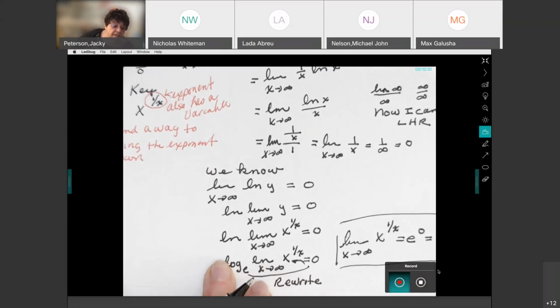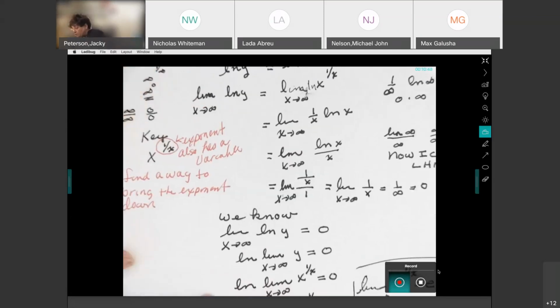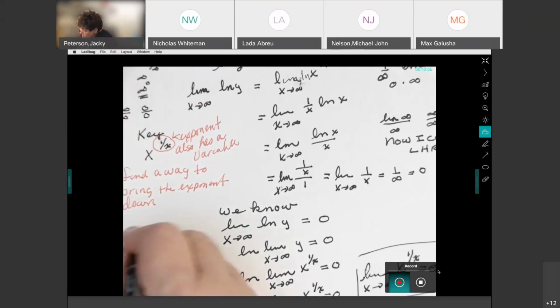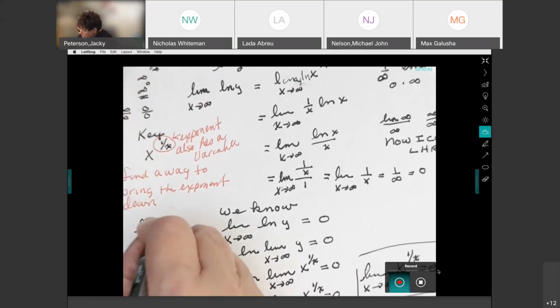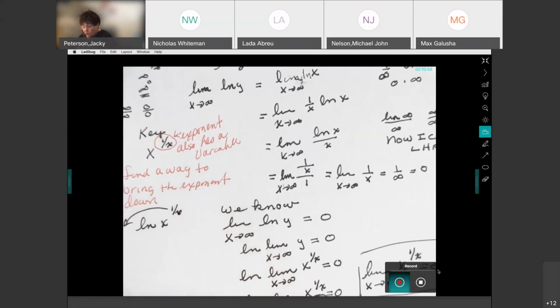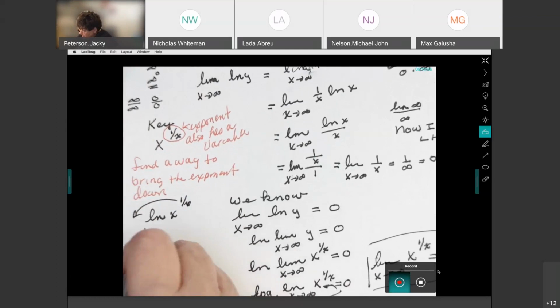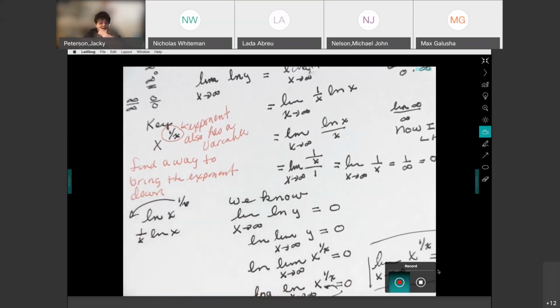You cannot bring the exponent down other than using natural log. Now, there's no way you can skip the natural log step, because natural log is the mechanism that you use to bring it down. That's what enables you, the properties of logarithms, to bring it down. So there's no avoiding the natural log. Algebraically, there's no avoiding the natural log.